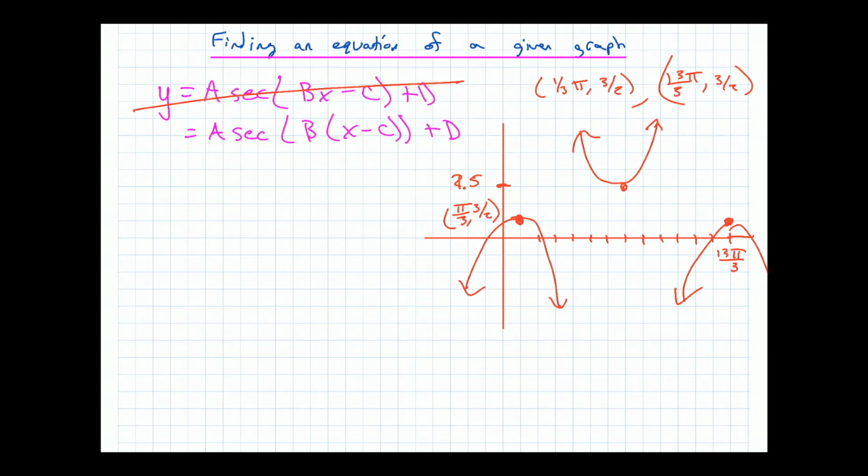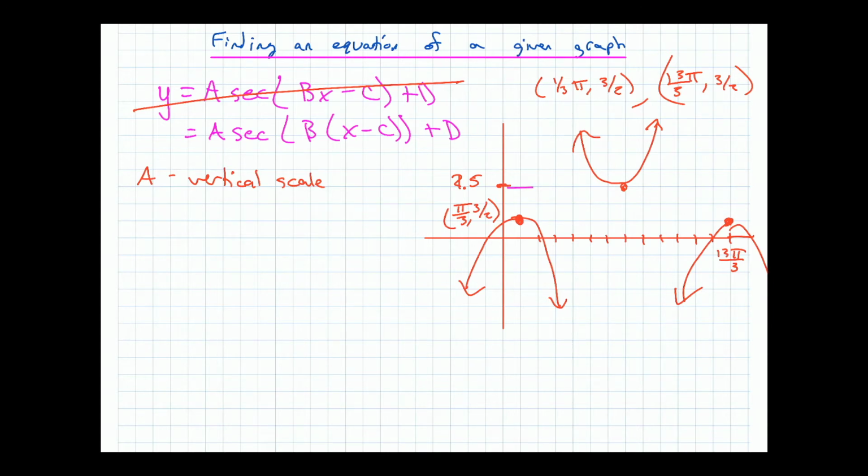Now what I want to do is talk about each of these things, the A, B, C, and D. The A is not the amplitude, but basically the vertical scale. The way you get that is you know what the normal gap is between these.